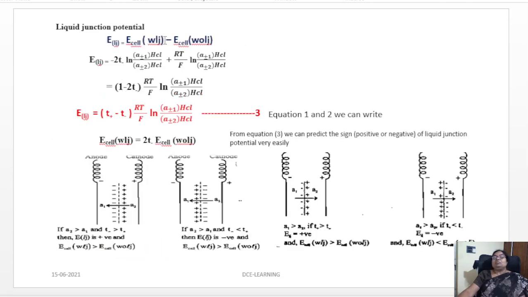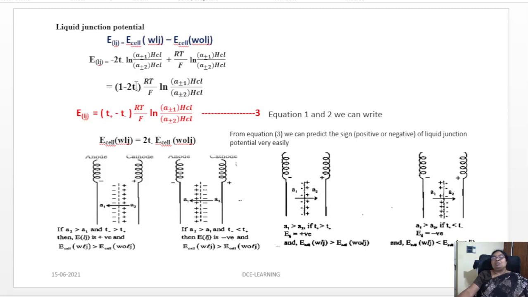But the liquid junction potential is calculated by E cell with liquid junction potential minus E cell without liquid junction potential. Only then are we going to calculate the actual liquid junction potential of that cell. So the liquid junction potential is equal to the difference from the previous equations, and you rearrange it like that.